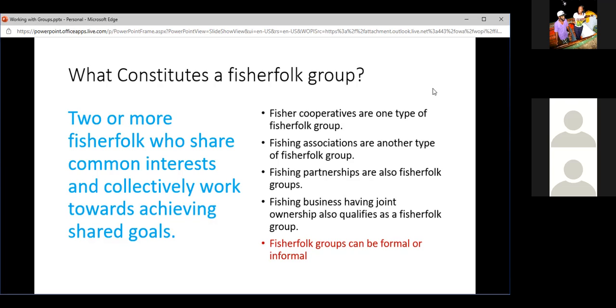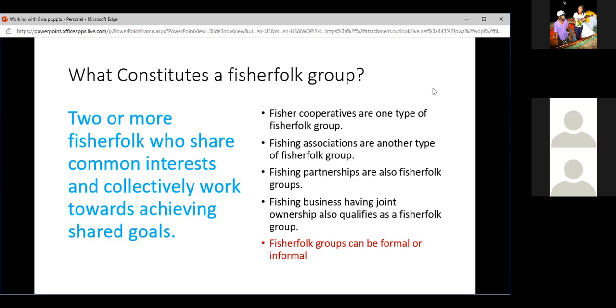In the cooperative, you have democracy. Every member has a vote, as compared to, say, an association or partnership where it's probably based on your number of shares, what your input is. In a cooperative, there is one vote per member. Every member has the same right.